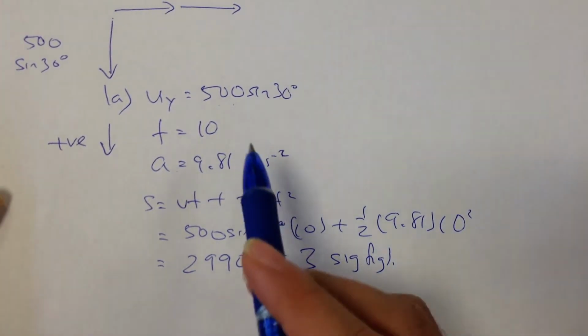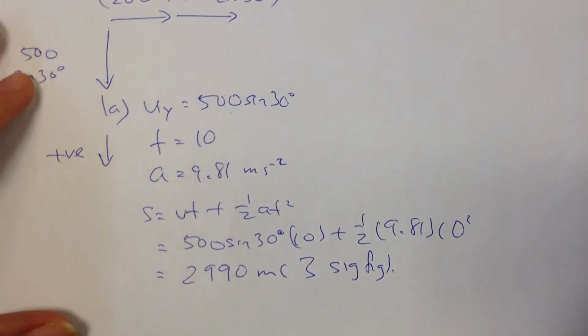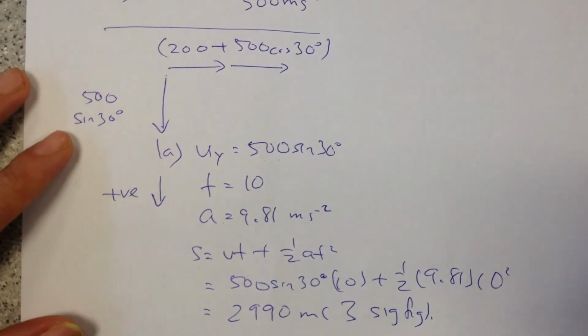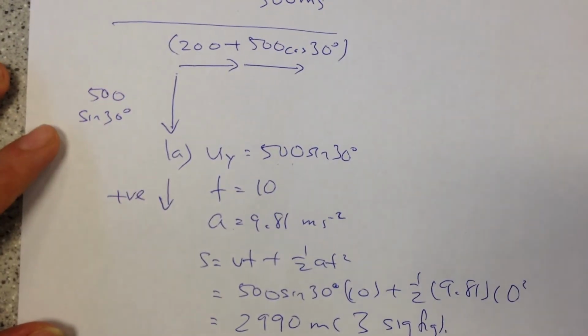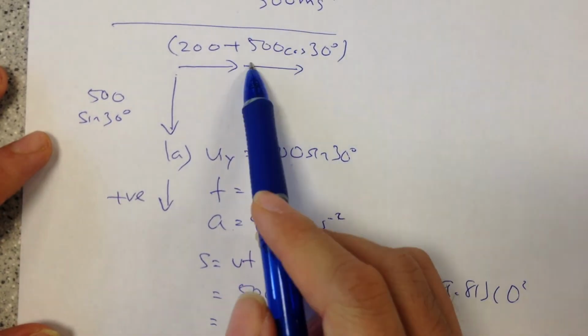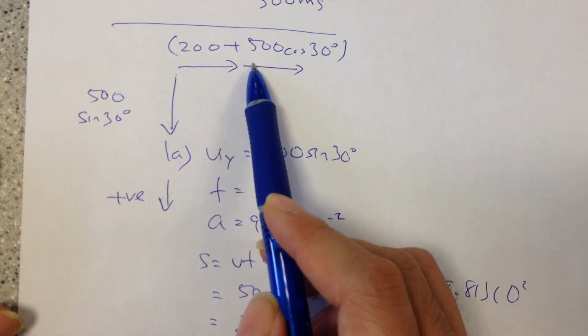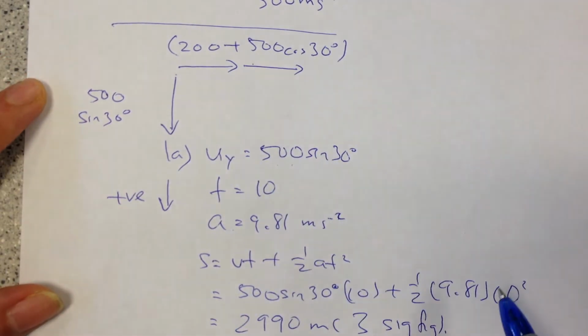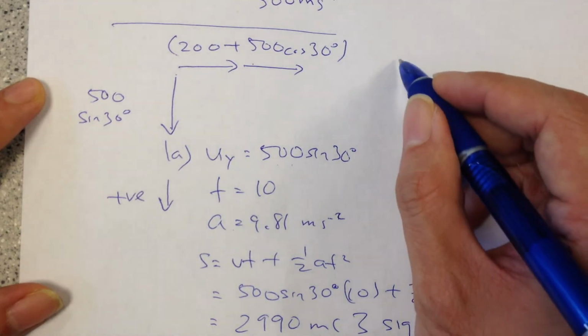Now, 10 seconds, and you know this is your horizontal velocity. In 10 seconds, how far ahead? That means you're asking for the horizontal distance.